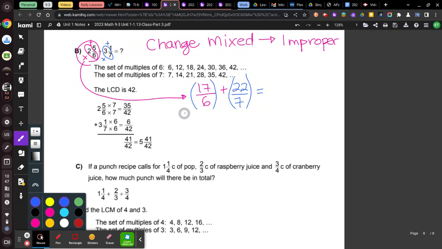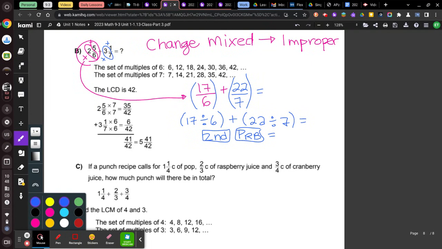So you're going to go bracket 17, divide 6, bracket, plus, bracket, 22, divide 7, bracket, equals. Then your second button, PRB button. Okay, probability, and then the equals again.